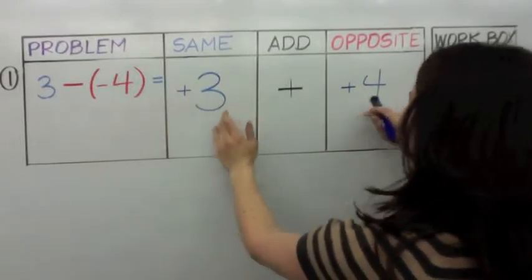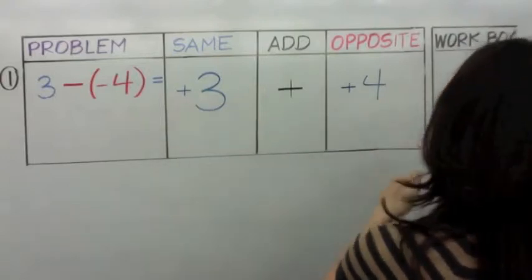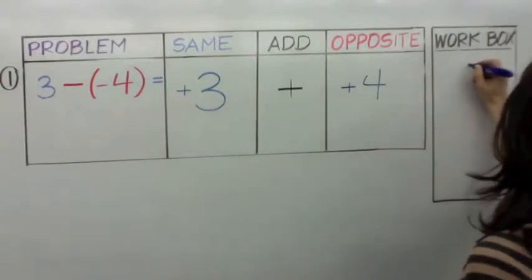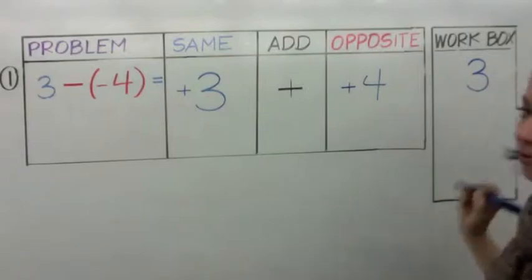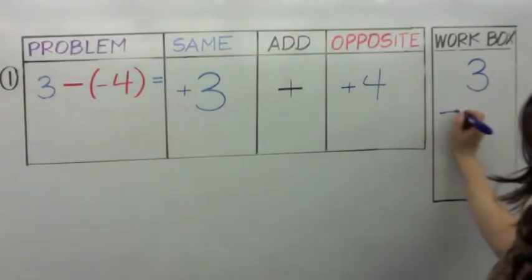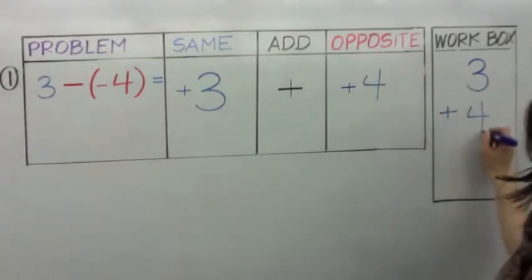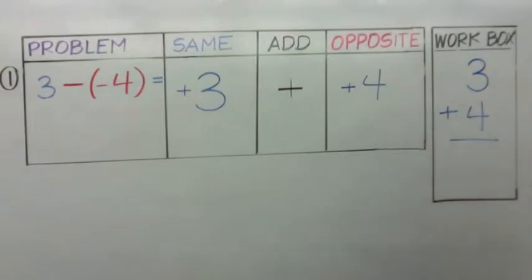So we add these together and keep the positive sign. We have 3, then we add a positive 4. What's 3 plus 4? 3, 4, 5, 6, 7. The answer is positive 7.